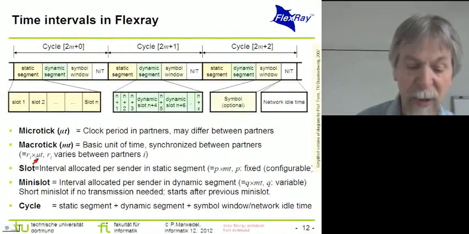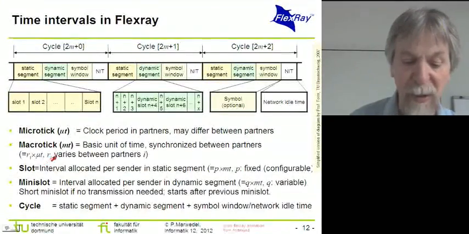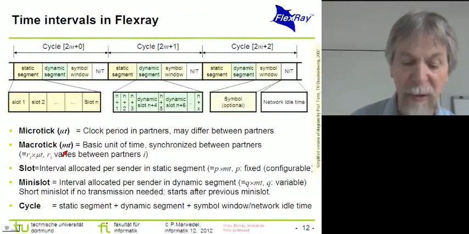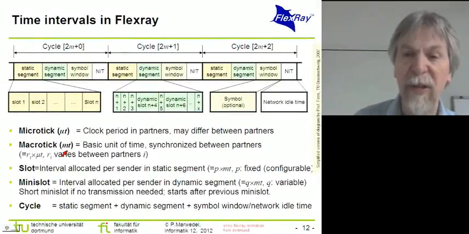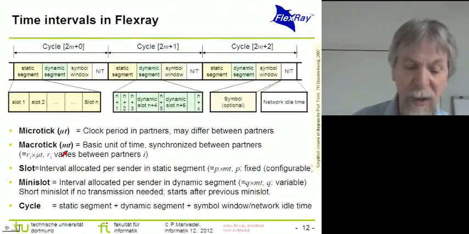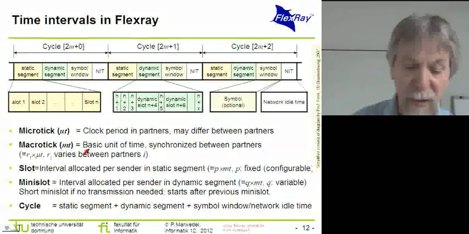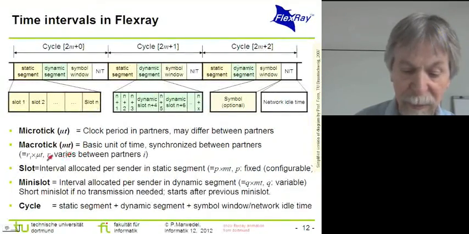So it may happen that for each of the communicating partners, we do have to use a different multiple so that we arrive at a common so-called macro tick. The macro tick is the basic unit of time, and multiples of such a chunk of time are allocated to the different intervals that we need during this communication protocol.